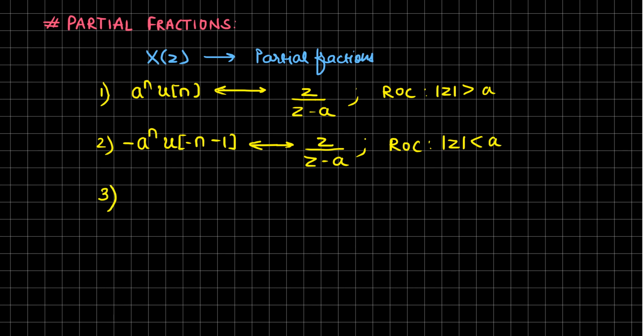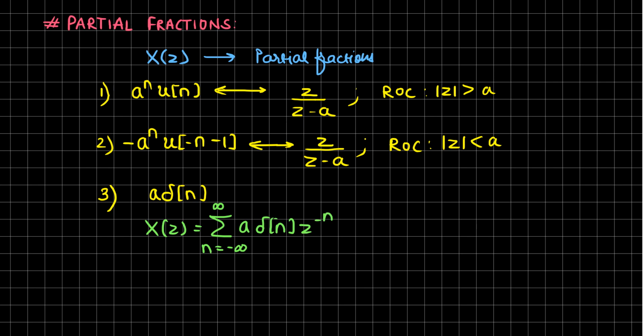Now third thing which we need to know is the Z transform of a constant multiplied with unit impulse. Let us try finding the Z transform of this. Therefore we have x of z is equal to summation n running from minus infinity to infinity a into del of n into z to the power minus n.